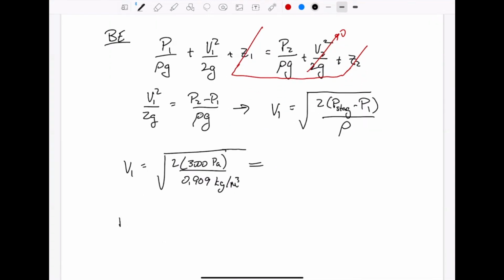What are the units of pascals? Newtons per meter squared. And newtons are kilograms times meters per second squared.